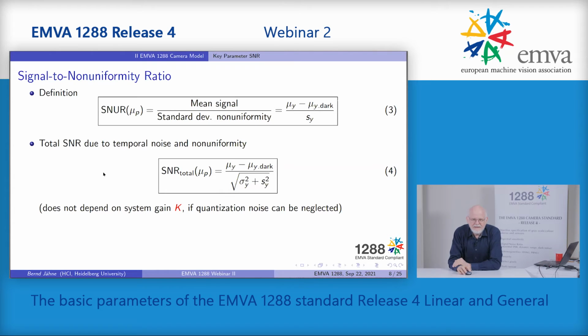And so you see here that we add up the variance of the temporal noise and the variance of the non-uniformity, and of course then we have to take the square root of this again to get the standard deviation. So we can even use this concept of signal versus disturbance, both for temporal noise and also for non-uniformities.